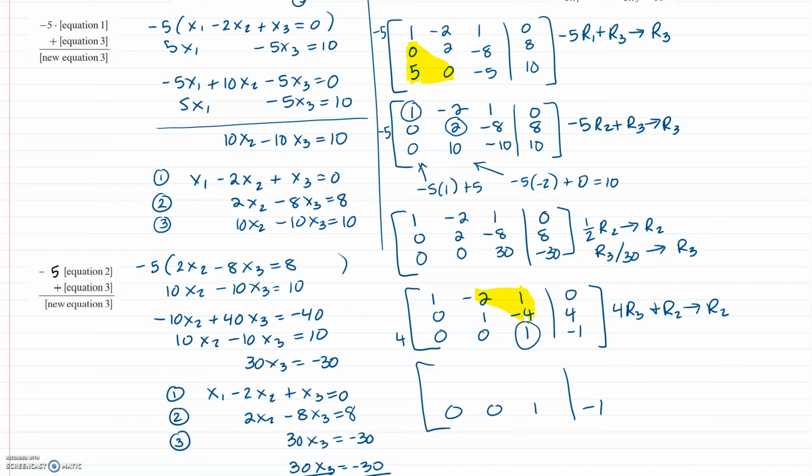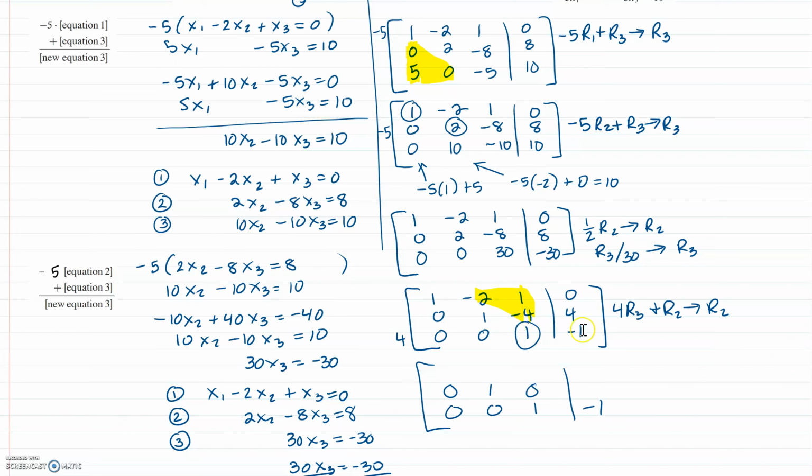So notice how if I take 4 times 0, add it to 0 here, it does not change. That's the first entry. 4 times 0 added to 1 does not change the second entry. But the third entry now in the second row is going to be 0. 4 times 1 added to negative 4.